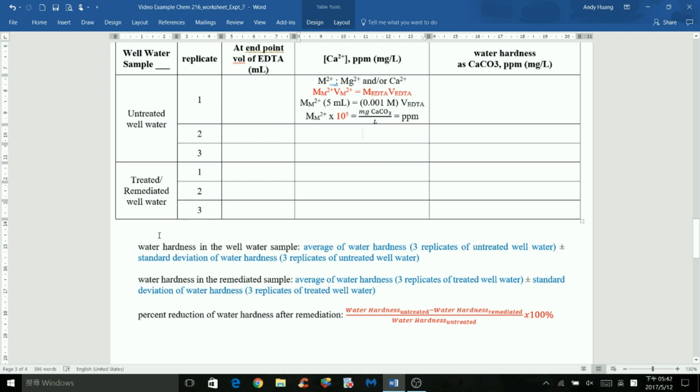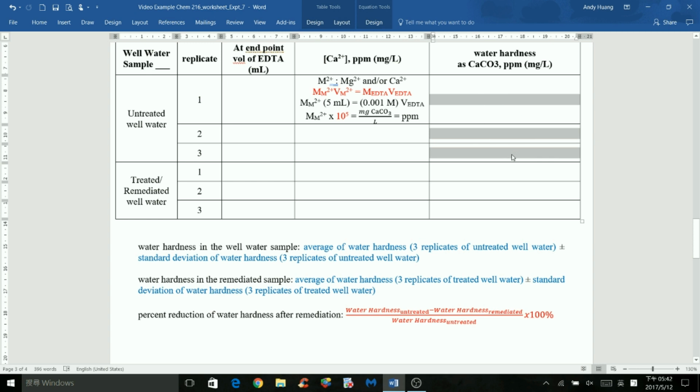Okay, so the water hardness in the well water sample, or specifically untreated well water sample, the first value they want here is simply the average of water hardness. So in parentheses I put 3 replicates of untreated well water. So 3 values here, take the average.